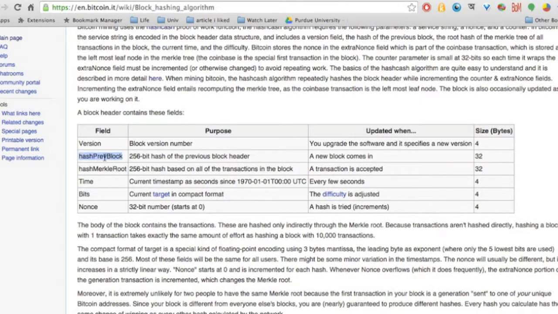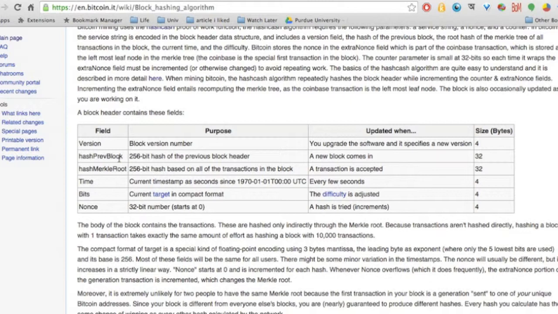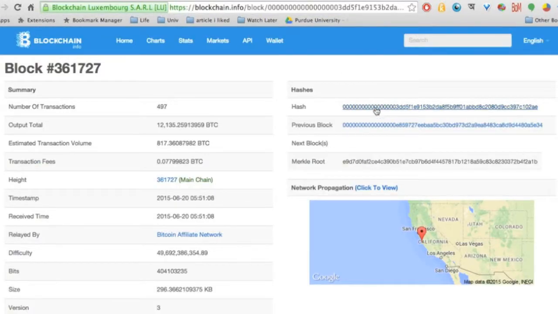So that means, when I showed you that the hash value which identifies this block at the height 361,727, each Bitcoin block is linked to the previous Bitcoin block, and the previous Bitcoin block should also be identified with a hash value like this, right?